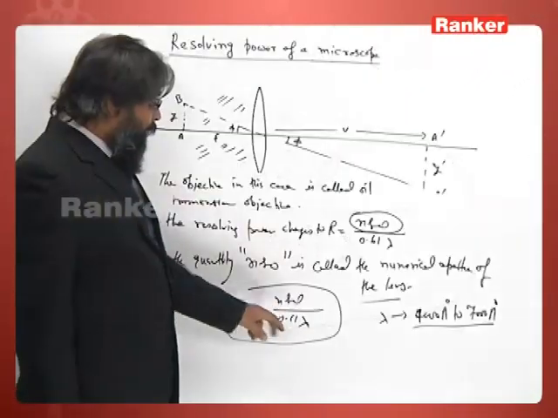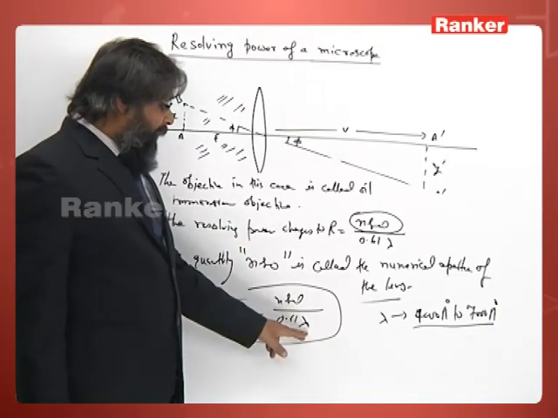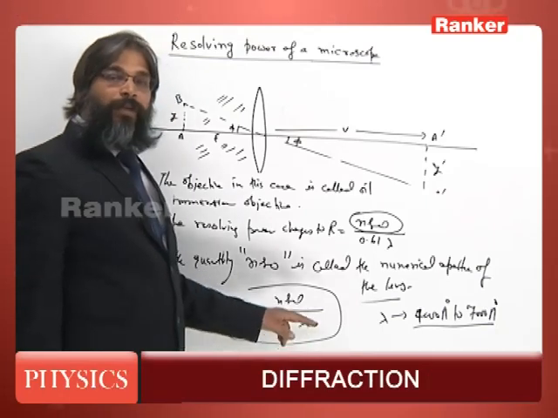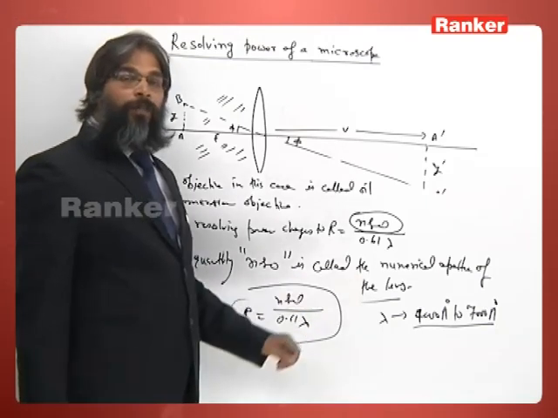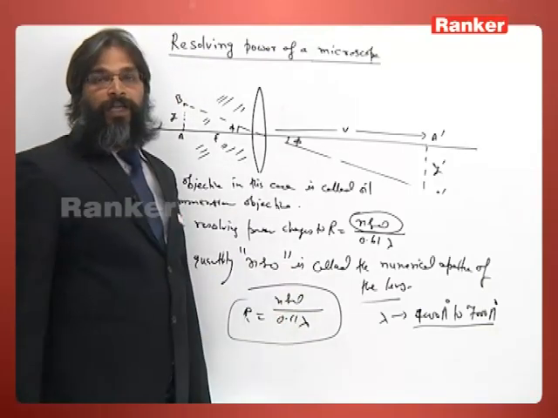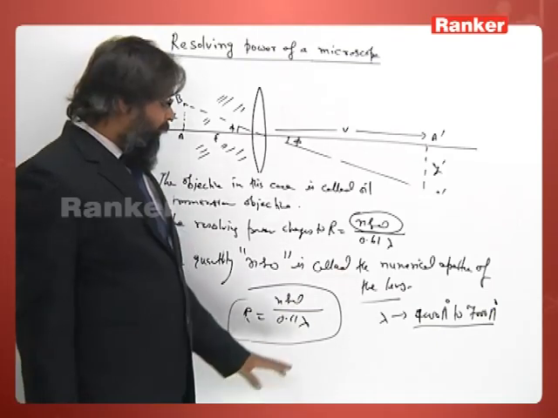Now when we use an electron microscope, the matter waves, the electron waves, have a smaller wavelength than our optical waves. As a result, the resolving power of an electron microscope is more than that of an optical microscope.